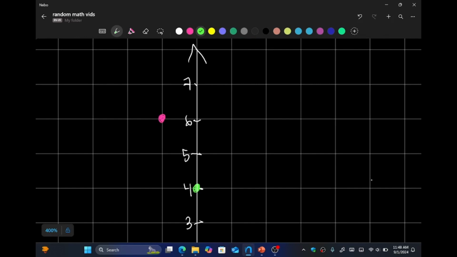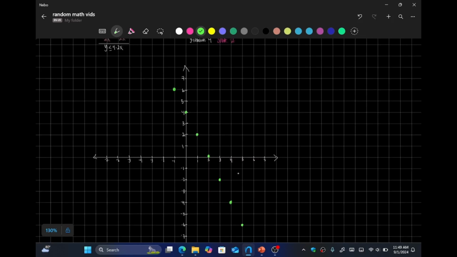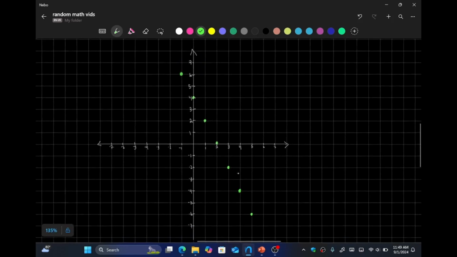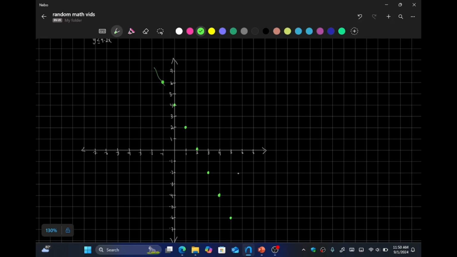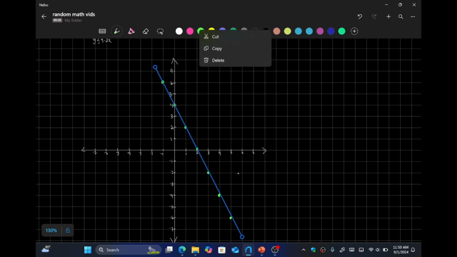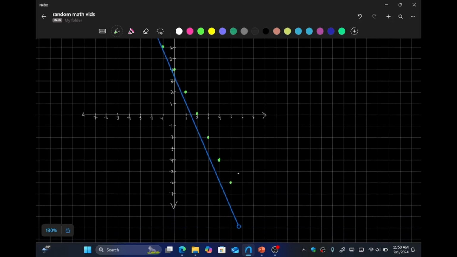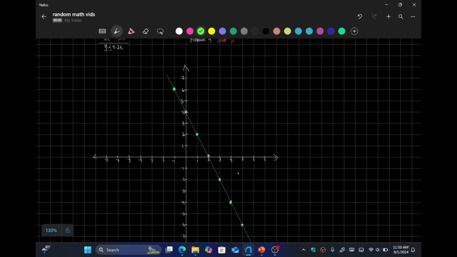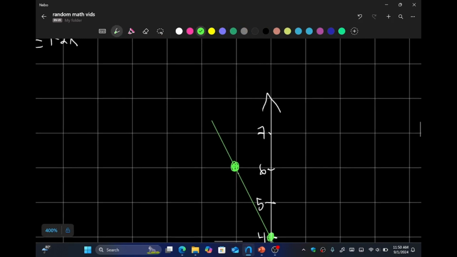Okay guys, sorry, I just changed the color of it. So now we're just gonna draw a straight line through the points. And it doesn't have to be drawn perfectly, guys, as long as it's pretty close. Something like this.